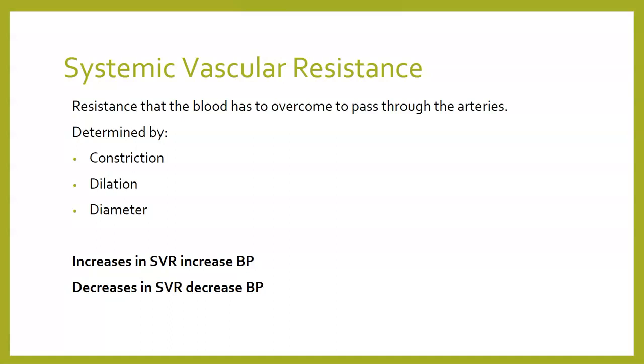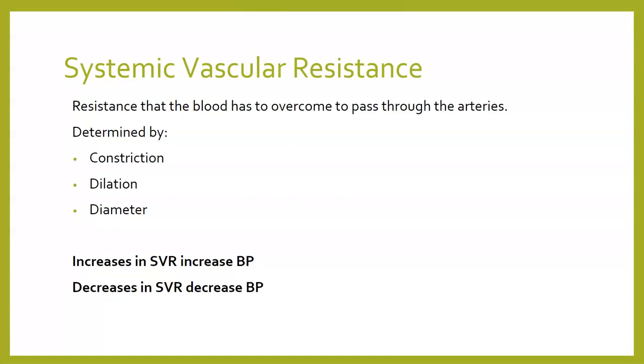And then the diameter of the arteries can be affected by peripheral vascular disease, when plaque can be built up due to different chronic illnesses. This can lead to high blood pressure. Like diabetes can cause hardening of the arteries, or atherosclerosis.